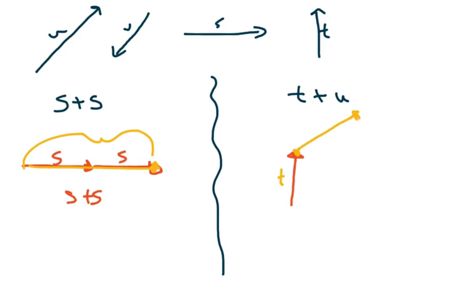Now connect the first part, T, to the U. So this is T plus U, the resultant vector.